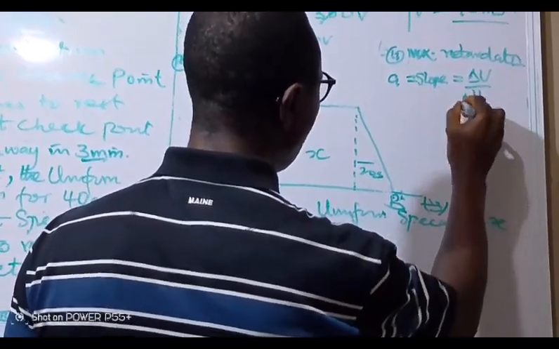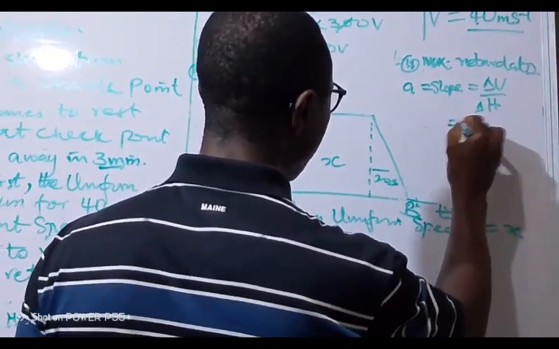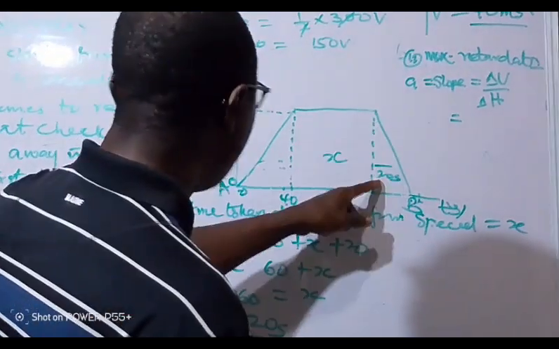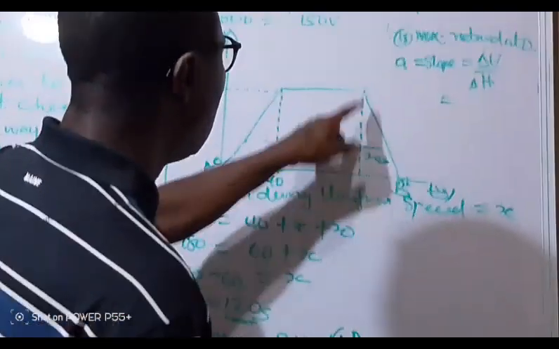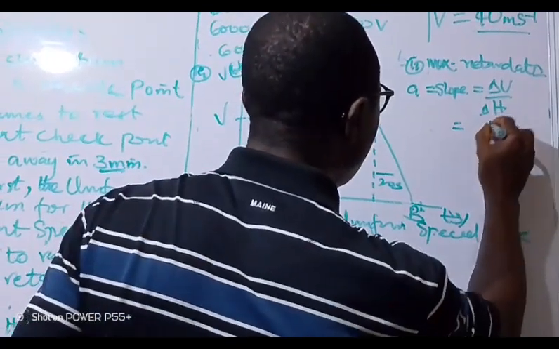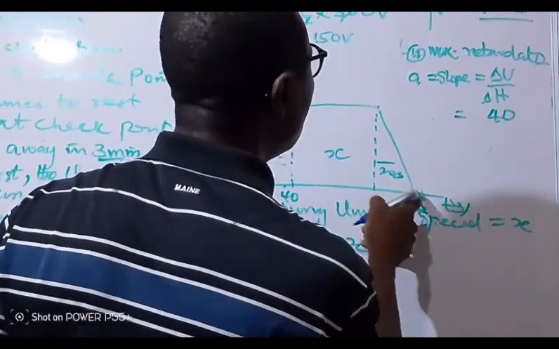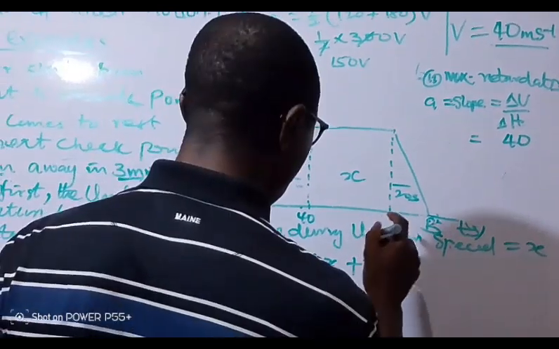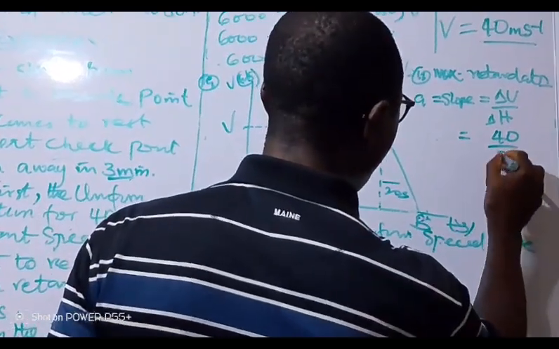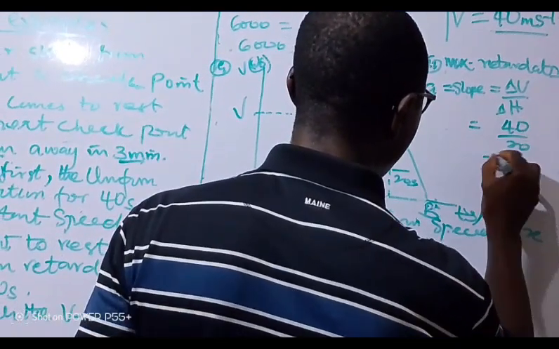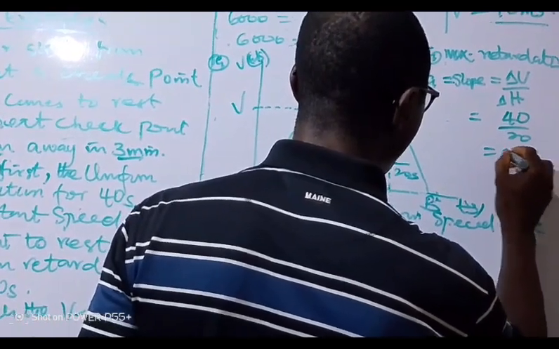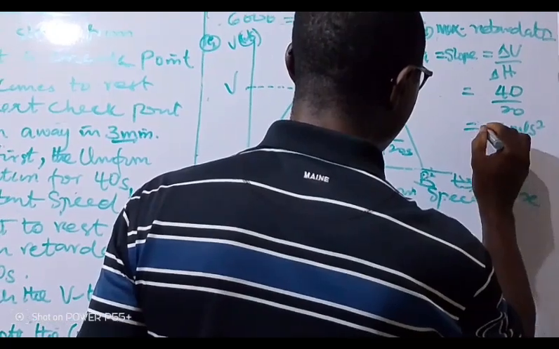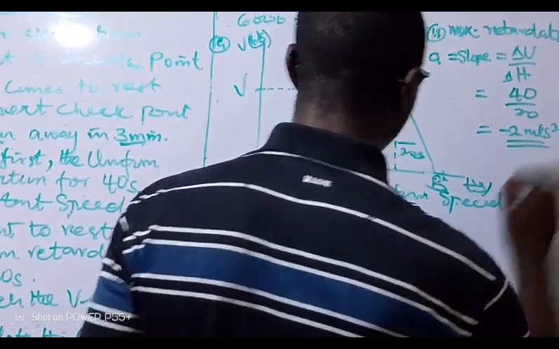Don't forget what we have done under the velocity time graph, and what we have from here to here, luckily we calculated as 40. Time to decelerate is 20. So the answer will be equal to 2 meters per second squared. But the question says retardation, so you say minus 2 meters per second squared.